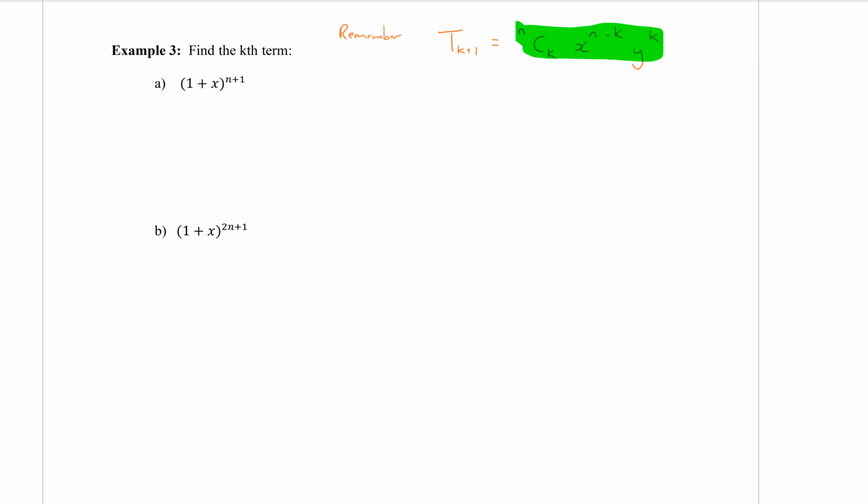But when I ask you for the kth term, in an expansion, let me use the example of something to the power of 4.